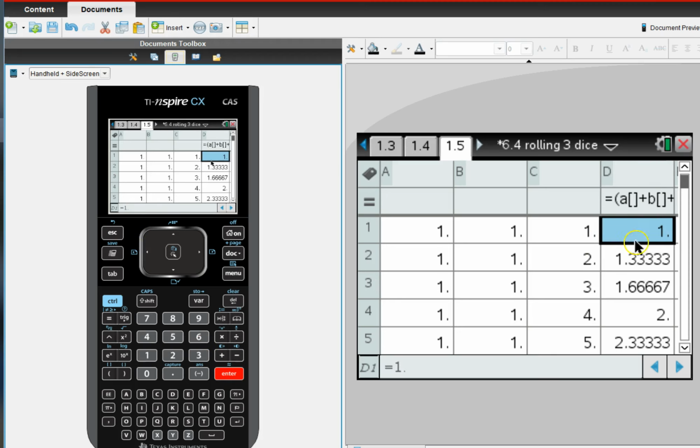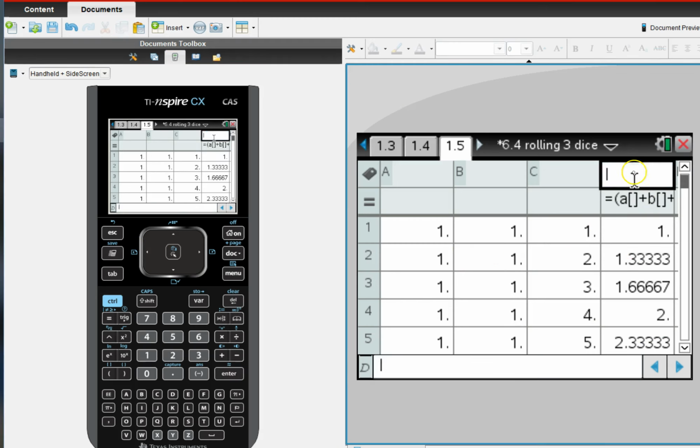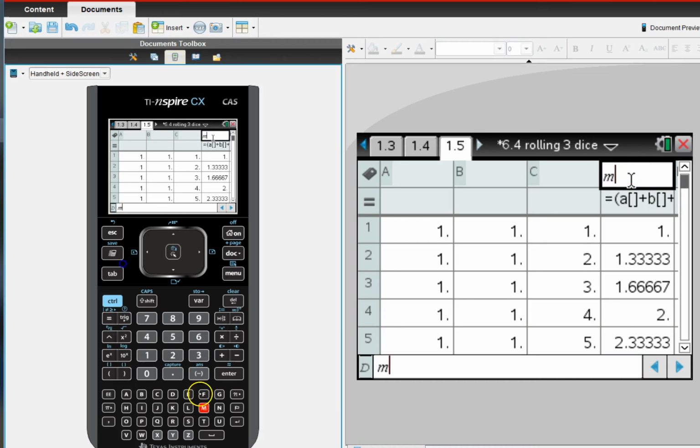The average of 1 and 1 and 1, the average of 1 and 1 and 2. This is a collection of means. This is a sampling distribution. I'm going to call this MEAN3, because we had sample size 3.